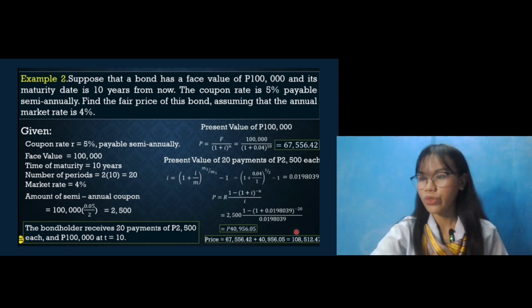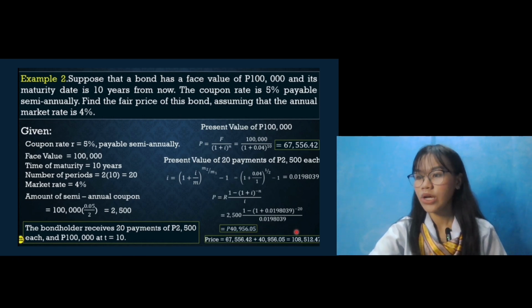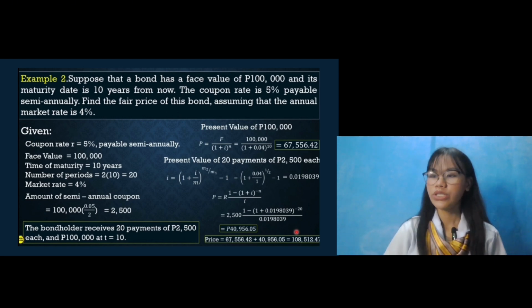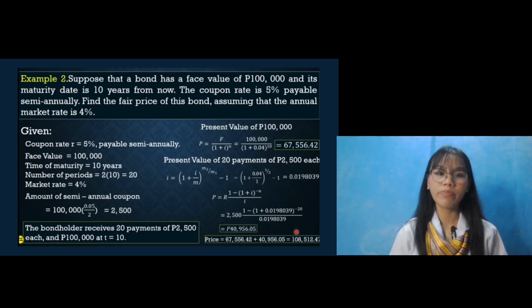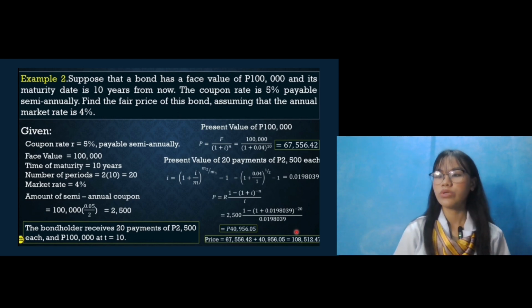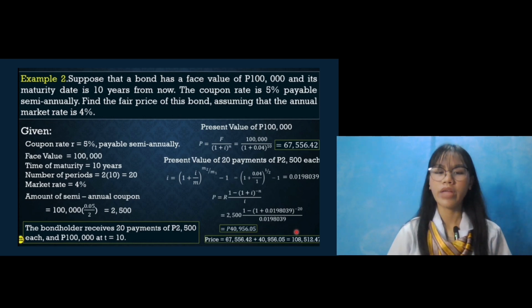As stated, the bondholder receives 20 payments of 2,500 each, and 100,000 at T equal to 10. So this means that besides the principal, which is the 100,000, when the principal matures, you will also receive interest, which is your profit here. So the money that you lend will earn interest, and you will have a profit.